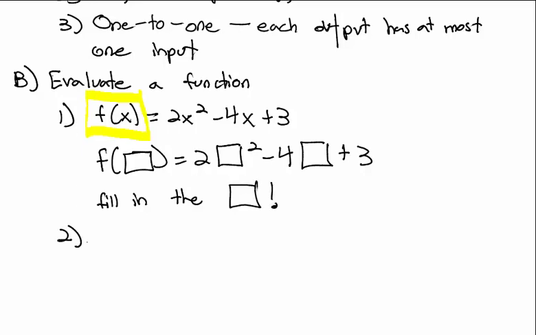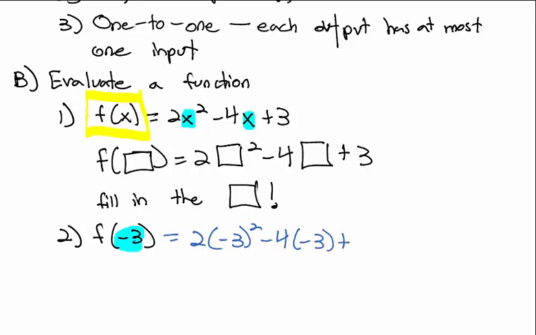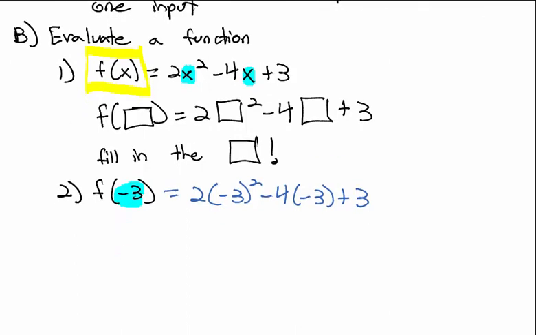So as an example, using this f of x function, let's find f of -3. This means we're going to take -3 and replace the x's with -3. So we have 2 times (-3) squared minus 4 times (-3) plus 3. Order of operations tells us to evaluate the exponents first. (-3) squared is 9, minus 4 times -3 plus 3.